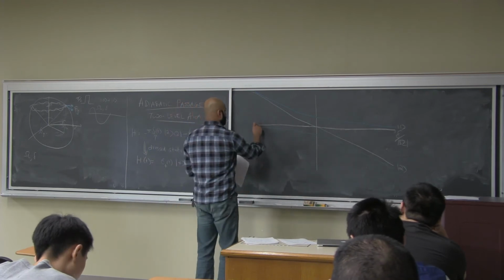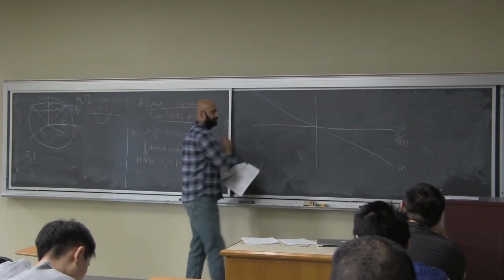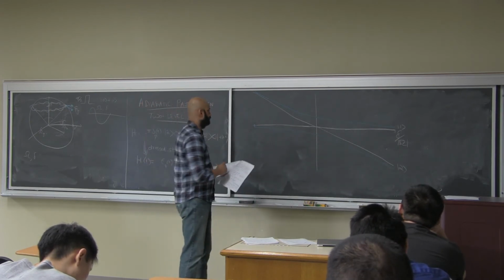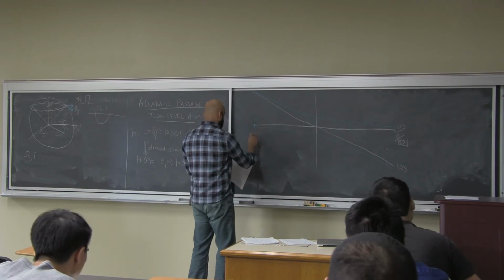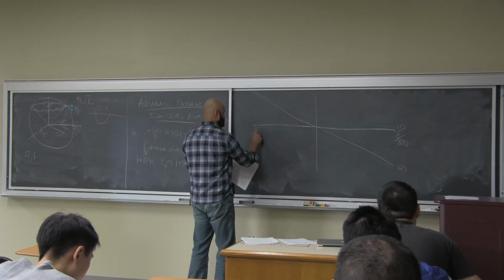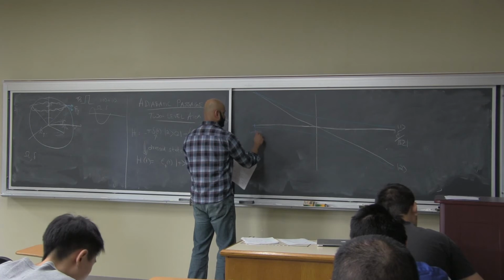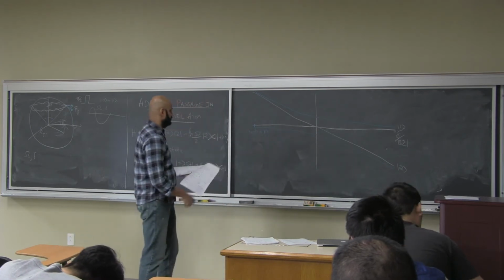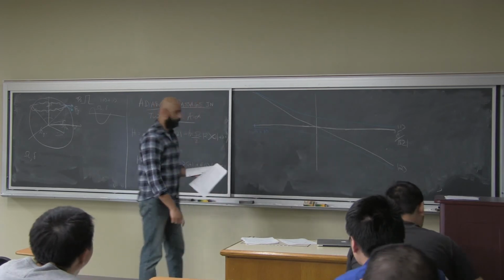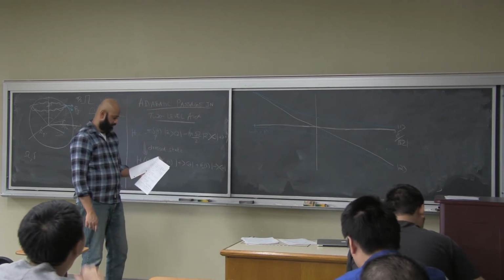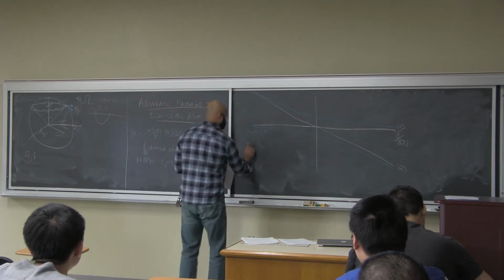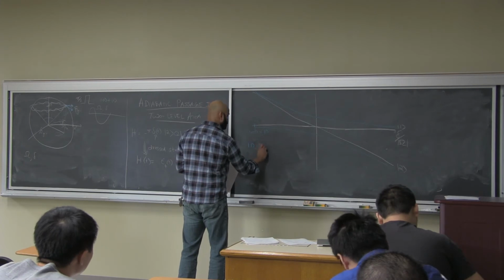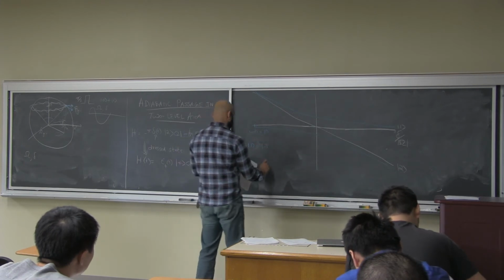So if initially I start with everything far detuned to the left, so delta of t starts out negative over here, then the minus state, or epsilon minus state, and the 1 state are almost equal to each other when you're far detuned. So I can represent that as 1, which is almost equal to the minus state.